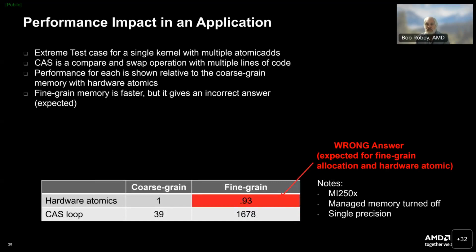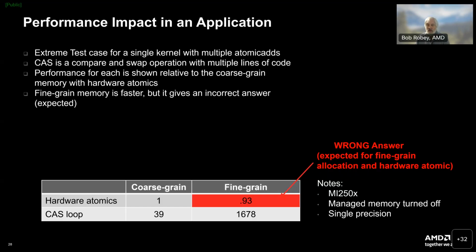So what is the performance impact? We've talked about how these details can have some impact on your performance. These are numbers taken from one of our test cases in one of our applications. We see hardware atomics with fine and coarse grain, and the fine grain is faster, but it gives the wrong answer.